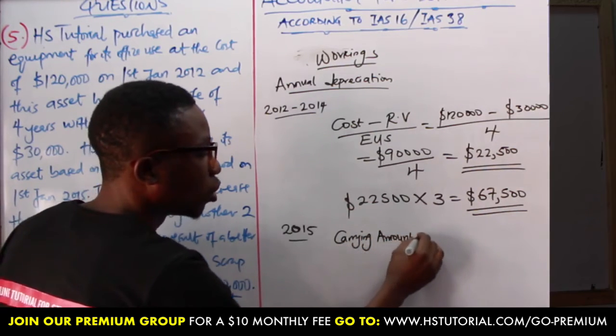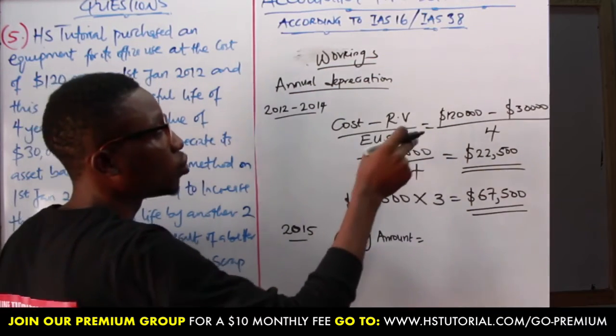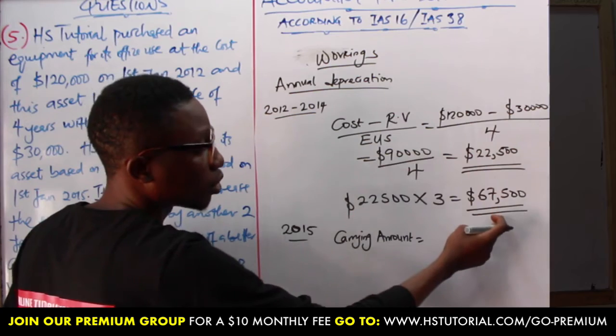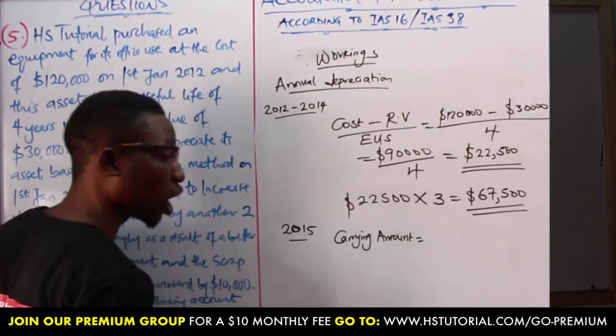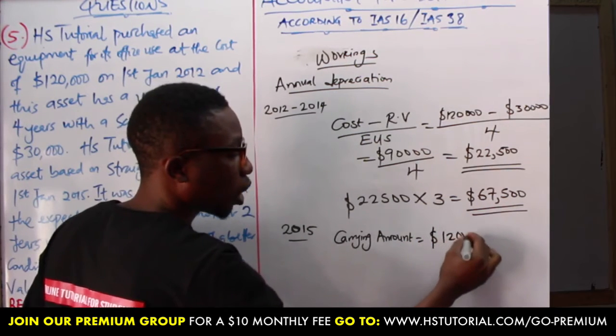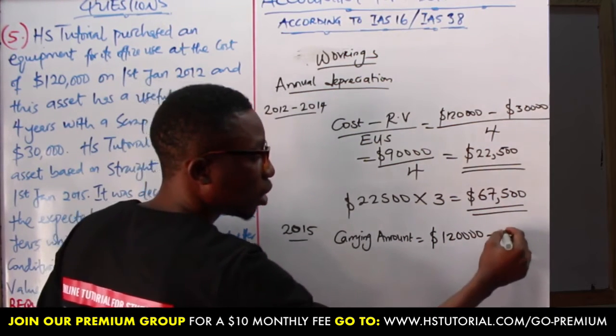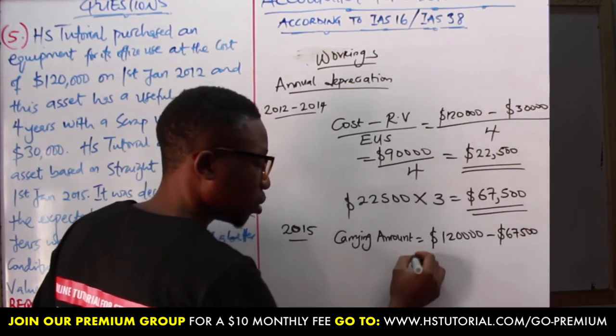So it will have to be this cost, which is $120,000, minus $67,500, the depreciation that has already been gotten.